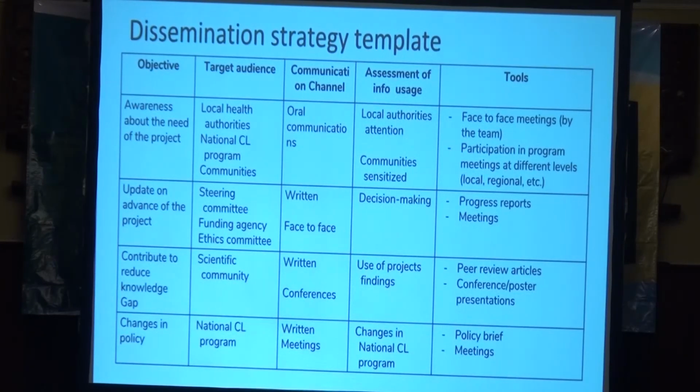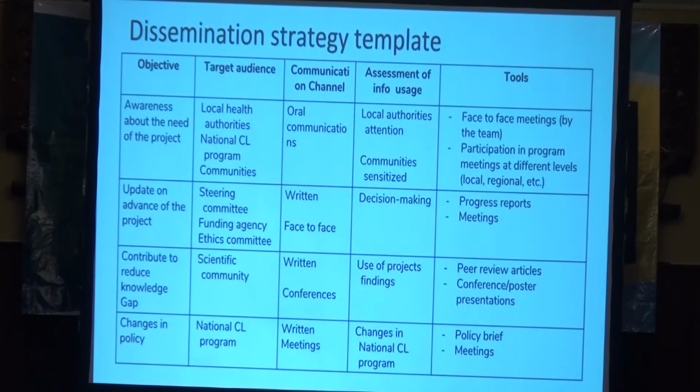For that, the best channel is face-to-face communication, meetings, and also participation in some program meetings. I mean, not meetings that we organize, but special meetings they have, so we want to be part of that.